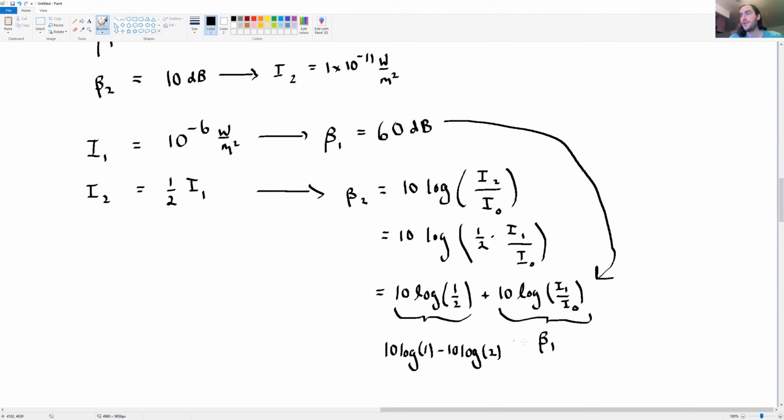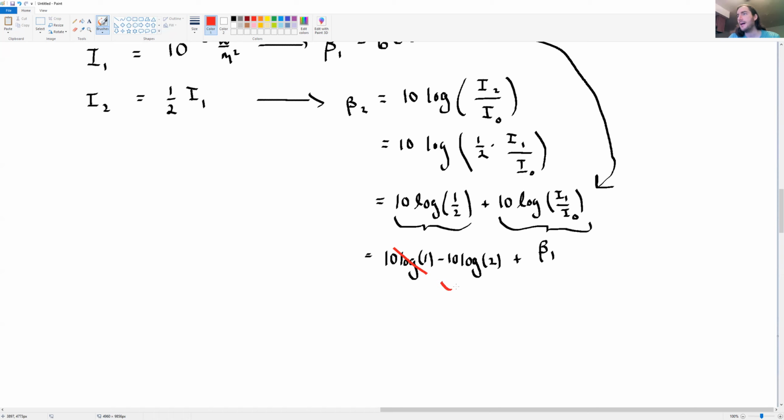Whenever you have division, that is subtraction of logs. So this one goes to 0. So we can see that when you cut the intensity in half, you simply subtract 10 times the log of 2. And 10 times the log of 2 is roughly 3.